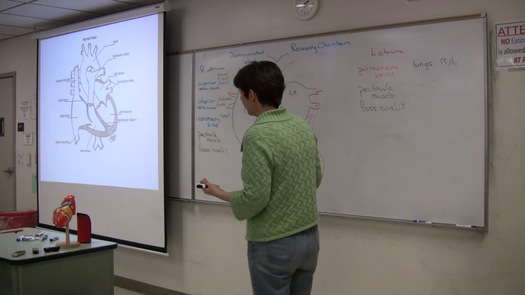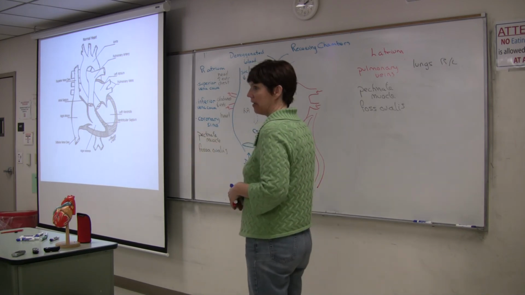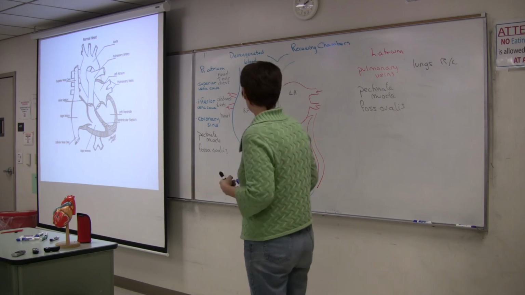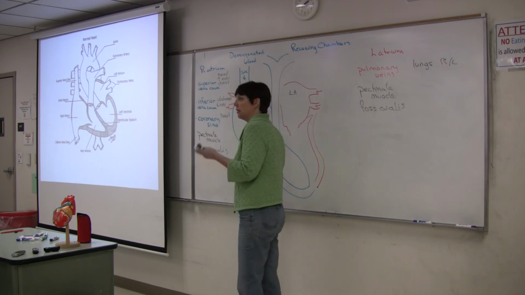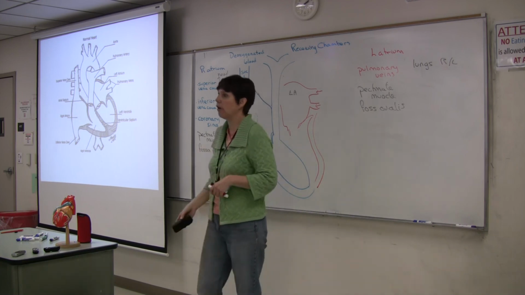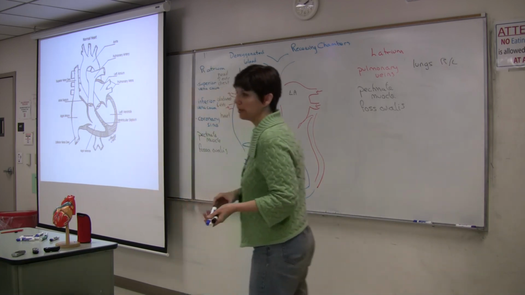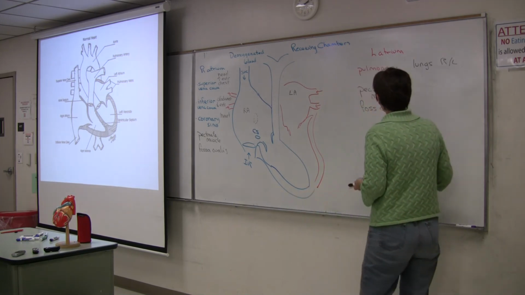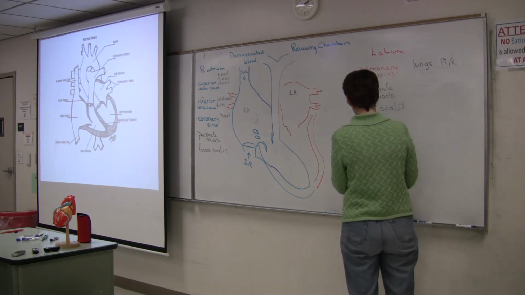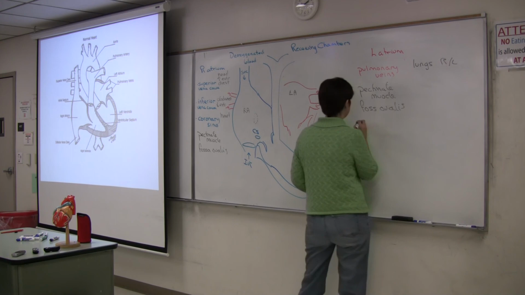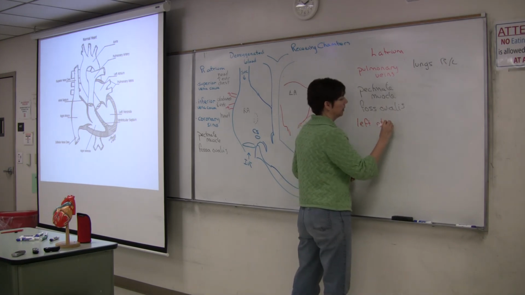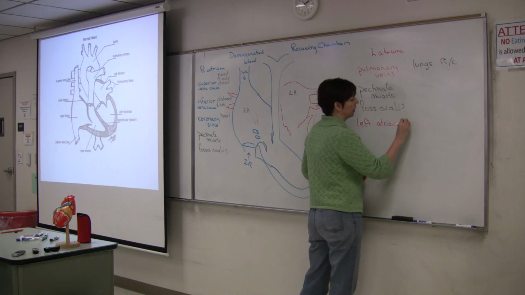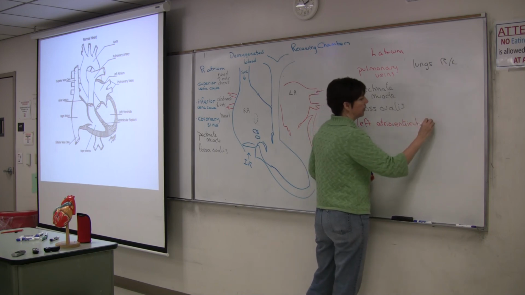They have other names, which might be easier to spell, but harder to remember which is which. Because for the atrioventricular valve, all you have to remember is it's the right atrioventricular valve or it's the left atrioventricular valve.